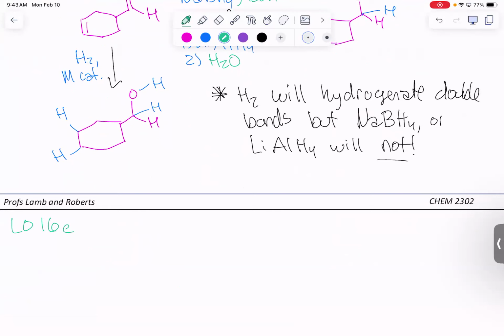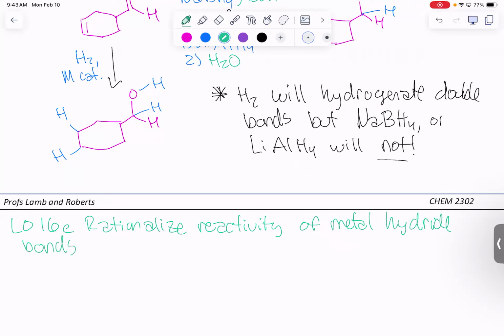That's 16E. So this is to rationalize reactivity of metal hydride bonds, using my very favorite type of rationalization, which is using electronegativity trends.